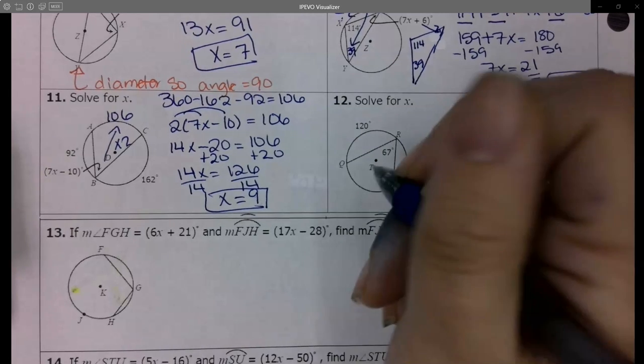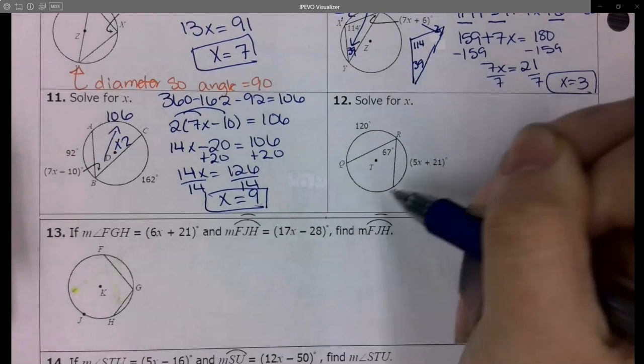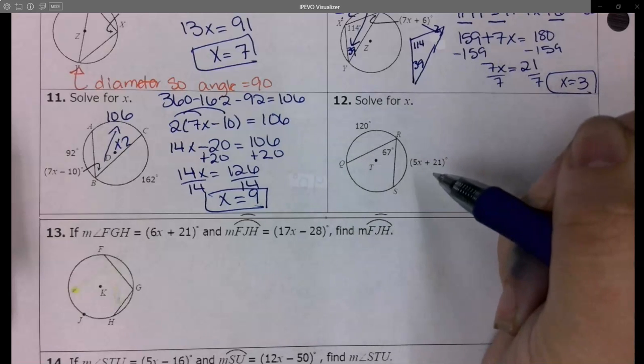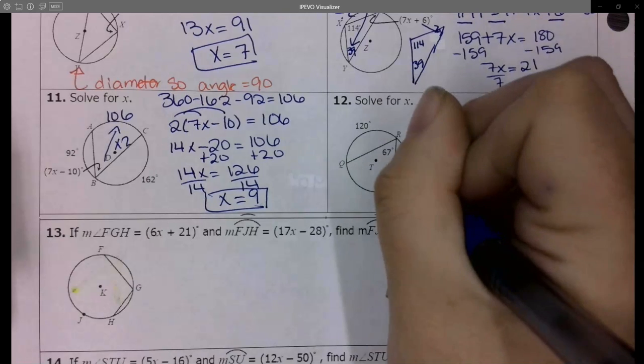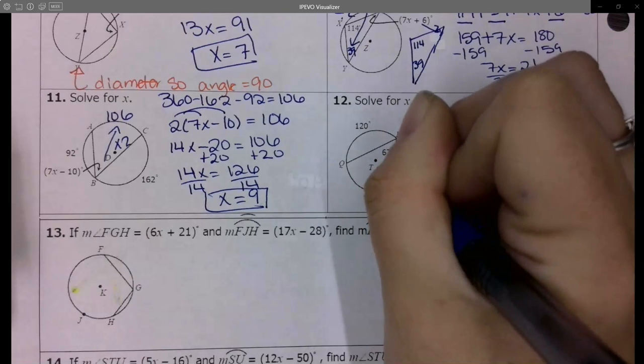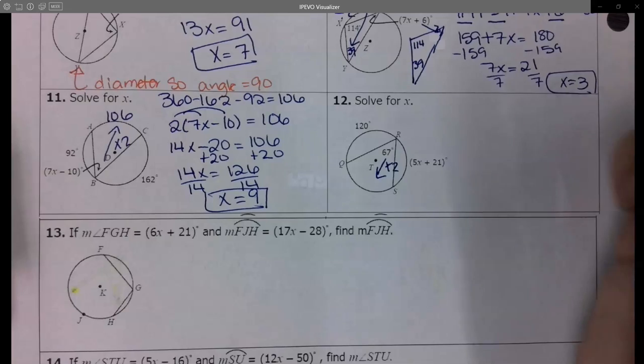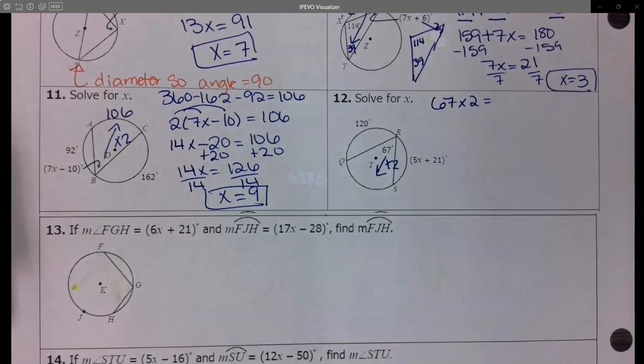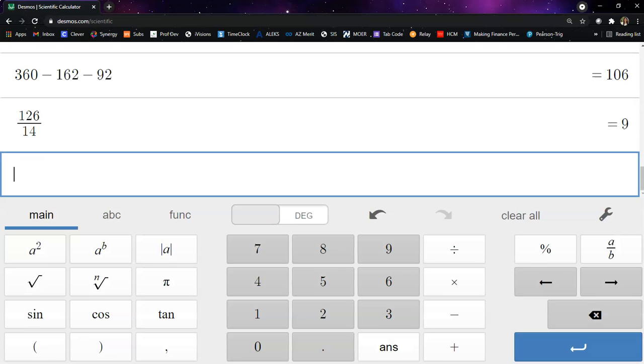Okay, for number 12, I have 2 of my arc lengths, and I'm missing this third one, so I could find this third one to get my arc lengths to add up to 360. So remember, I want to multiply by 2 to turn this into the big one. 67 times 2 is not a number I know.